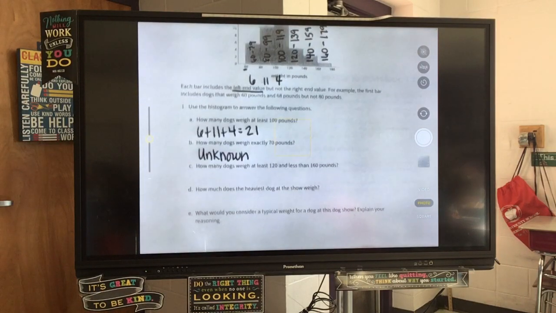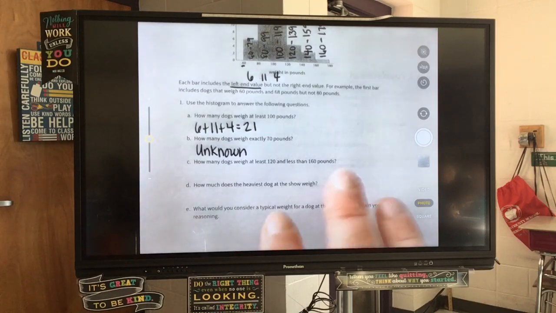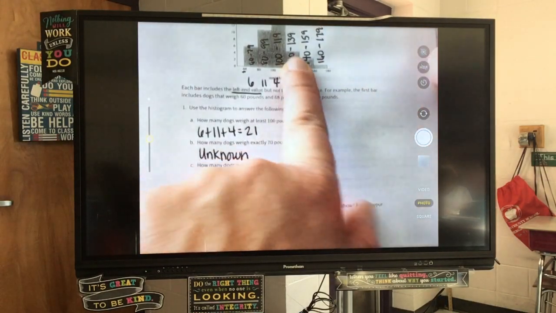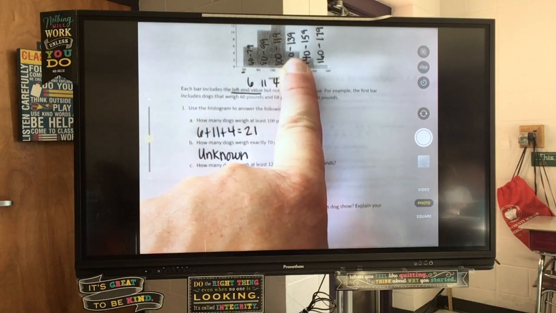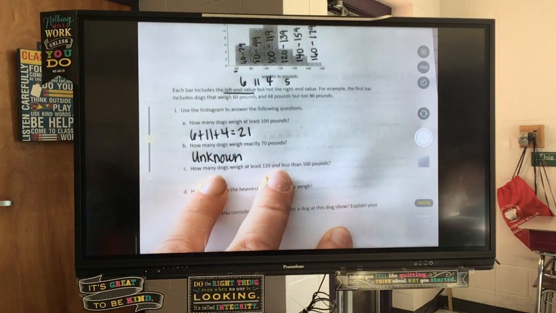All right. C says, how many dogs weigh at least 120 and less than 160? Okay, so now we're going to slide over here and say, this is how many? What does that look like, 5? Okay, so 5 dogs are in that category.